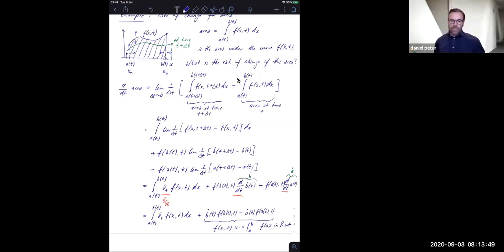So think of area as being a quantity, and we see that in a second when we come to mass.